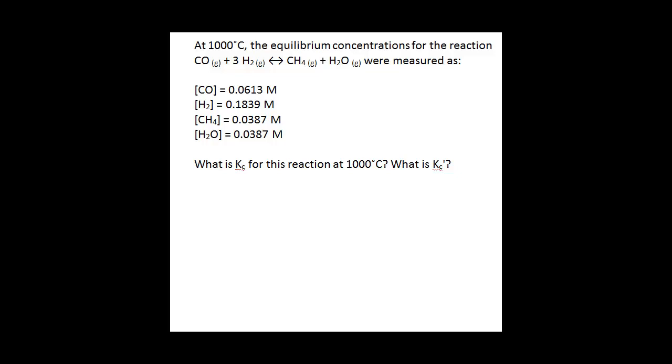So the problem is, at 1000 degrees Celsius, the equilibrium concentrations for the reaction carbon monoxide gas plus 3 hydrogen gas molecules gives you methane gas plus water as a gas.